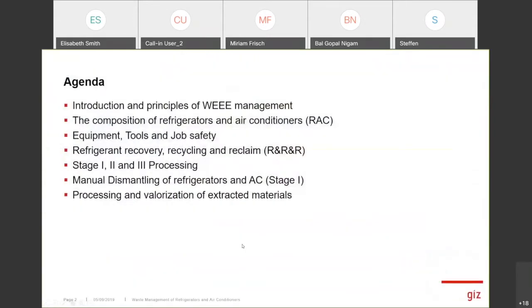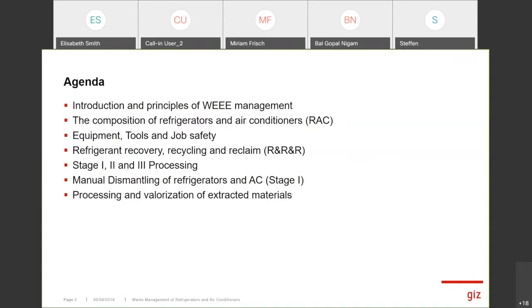We have quite a tough agenda, so I have to move forward a little quickly now. In general, the agenda is: first, introduction of the principles of waste of electrical and electronic equipment, which I will call WEEE management. Second, the composition of refrigerators and air conditioners. Third, equipment, tools, and job safety.